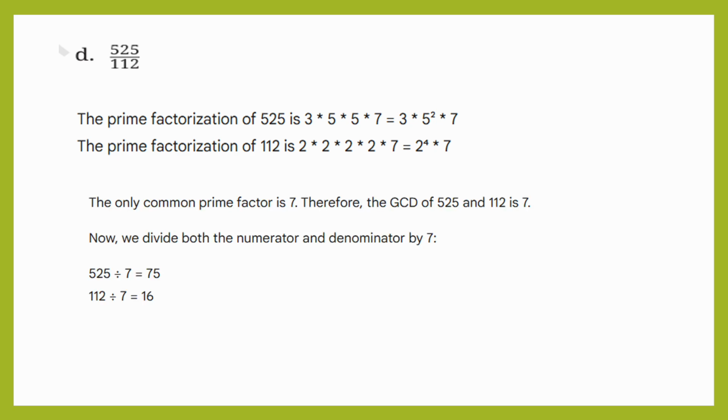The only common prime factor is 7. Therefore, the GCD of 525 and 112 is 7. Now we divide both the numerator and denominator by 7. 525 by 7 is 75. 112 by 7 is 16. So the simplest form of the fraction 525 by 112 is 75 by 16.